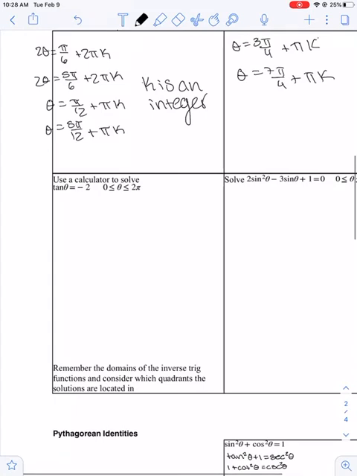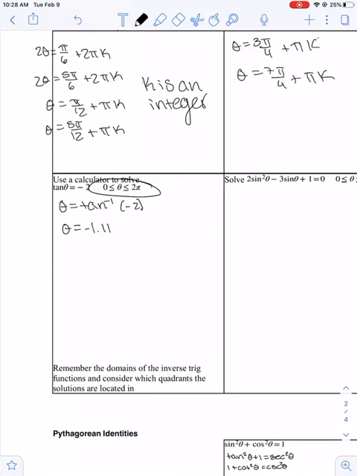Okay. Next, we have to use a calculator to solve for tan theta equals -2. So to solve for theta, we're going to take the tan inverse on both sides. So we have tan inverse of -2. Remember, in your calculator, you use radians, and we get theta equals -1.11. We need to get two answers, because right now we're at negative 1.11, which isn't in our restriction of being between 0 and 2 pi, and we want two solutions.